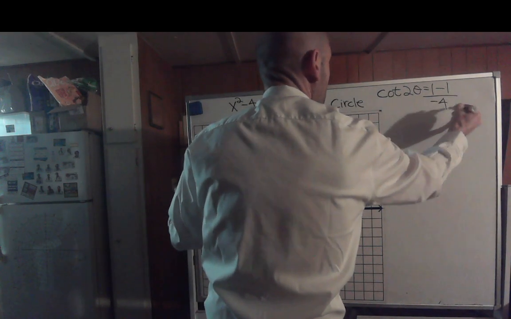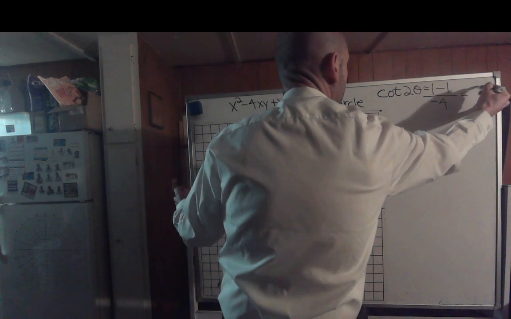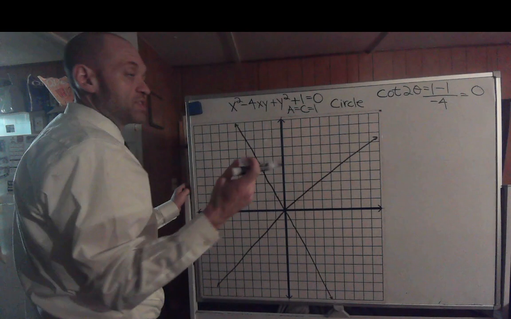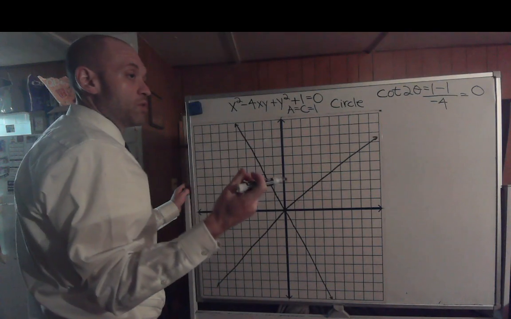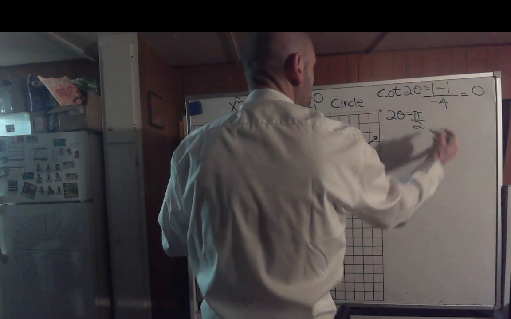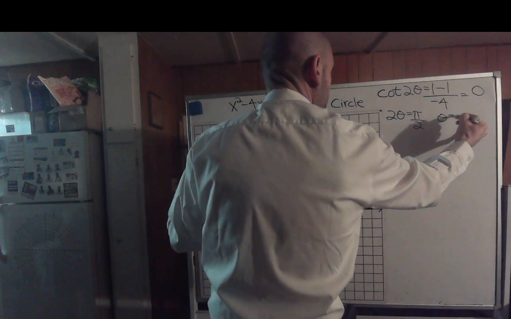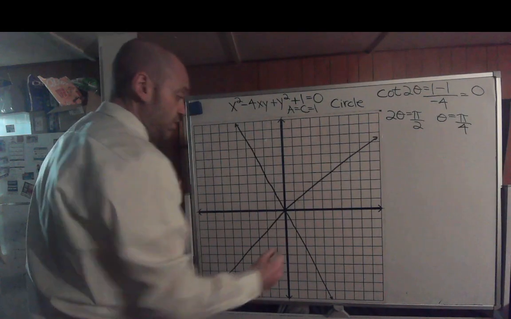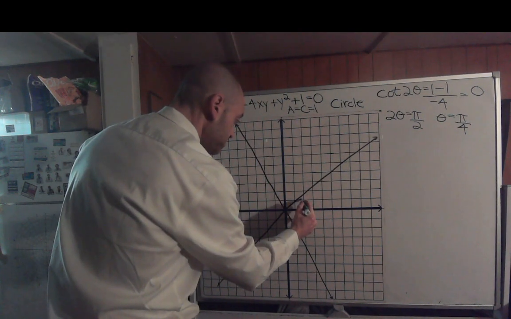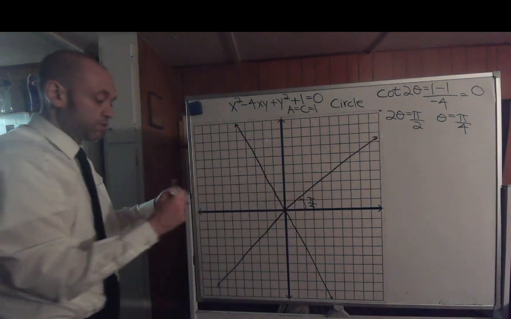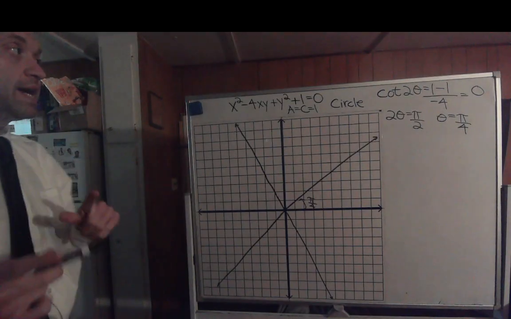Well, that's just going to be 0, right? Well, what angle gives us a cotangent that's 0? That's going to be pi over 2, so 2 theta equals pi over 2, which means theta once again has to equal pi over 4. So this angle here is pi over 4, or a 45-degree angle that we've rotated the xy axis.